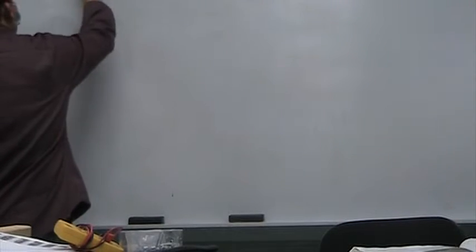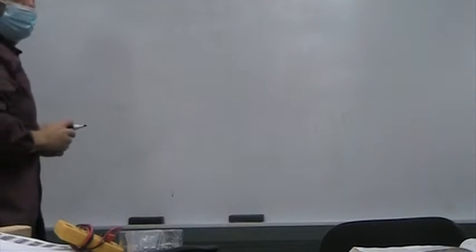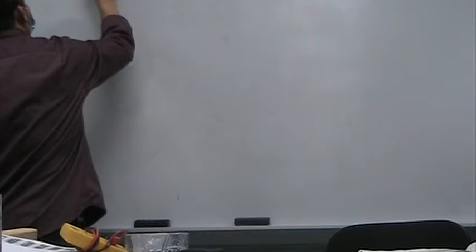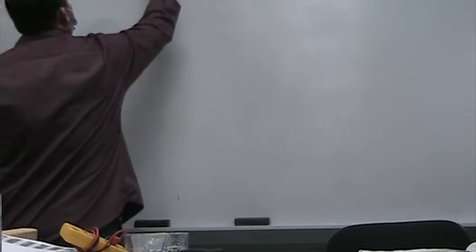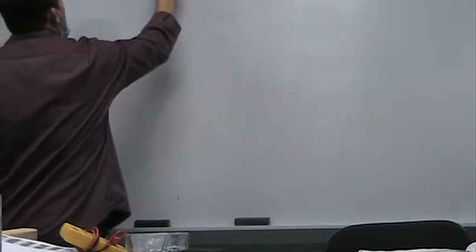Let's face the board. Now, you might run into this problem. Watch. This collides with this. I'm going to give you several scenarios, okay? This collides with this. 5 kilogram here going 3 meters per second. 4 kilogram at rest.